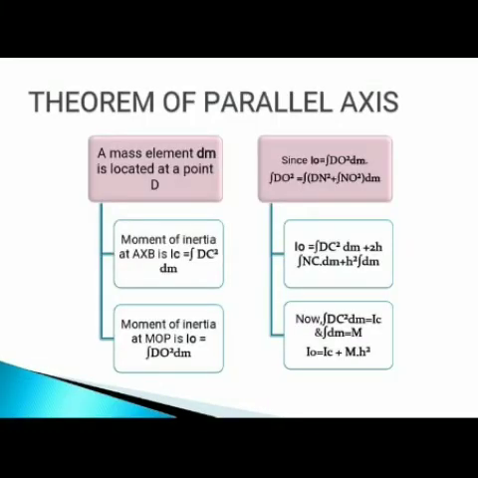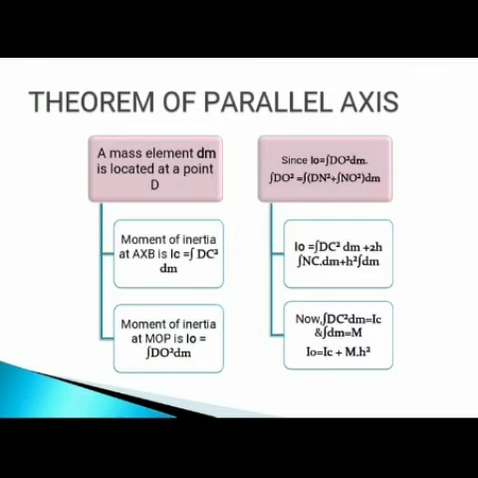I start the theorem of the parallel axis by considering a mass element dm located at a point D. In the diagram, the moment of inertia about AXB is IC, which is the integral of dc square dm. The moment of inertia about MOP is IO, which is the integral of do square dm.